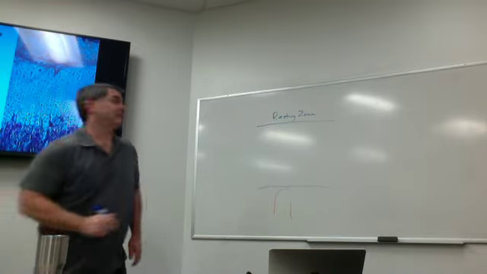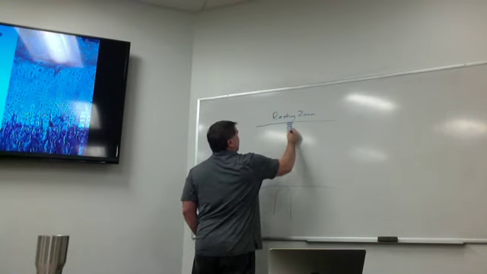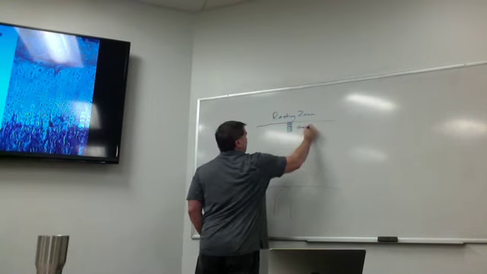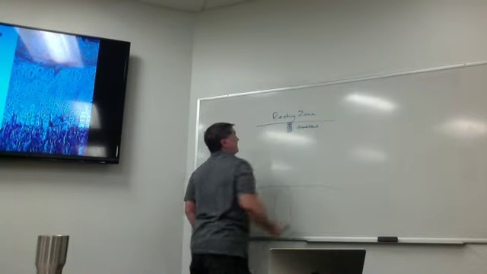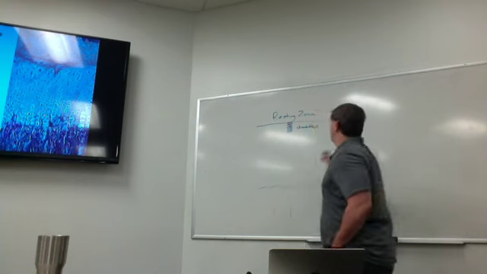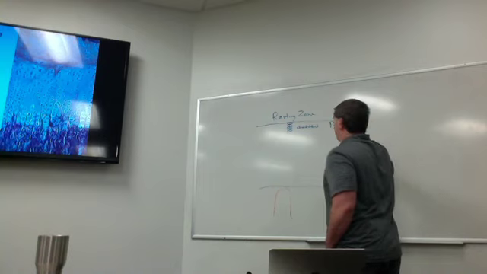So the very top, we have some rapidly dividing chondroblasts in what is called the proliferation zone. How do I know they're rapidly dividing?